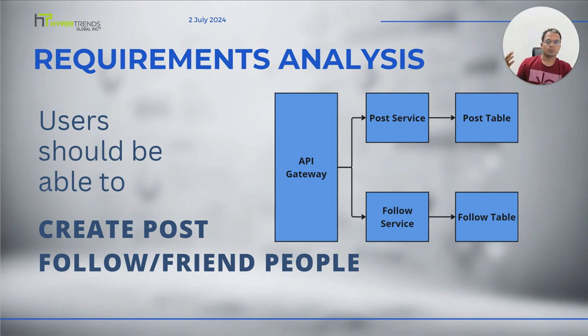If you are coming from a software background and have worked with microservice architecture, then you can imagine there will be an API gateway, a post service, a post database, then through that same API gateway talking to the follow service or friend service, whatever we give a name, and then there will be a follow table that will maintain relationships between the users. So this is the second functional requirement.